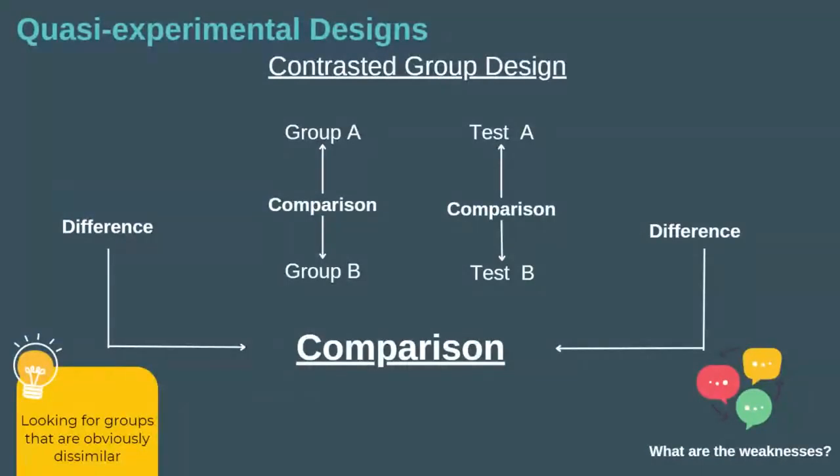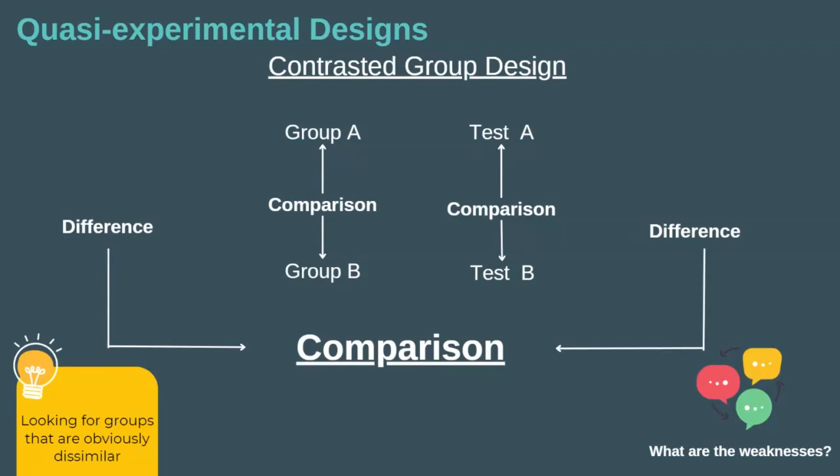So quasi-experimental, you're now dealing with two groups and a lot of comparison happens. Okay, so a contrasted group design really means that you are doing tests on different groups and seeing the difference. So you are trying to get two groups that you know are going to be dissimilar.